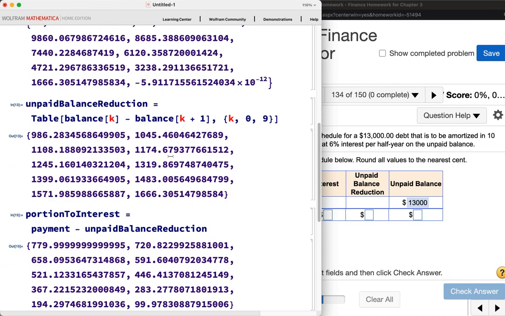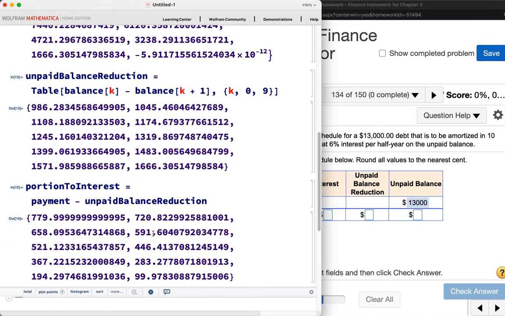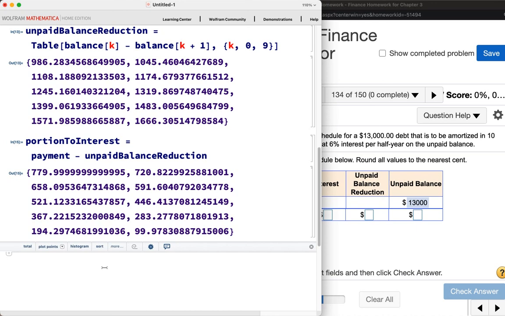Instead of calling it interest, because I'm already using that variable for something else, I'm going to call that list portion to interest.